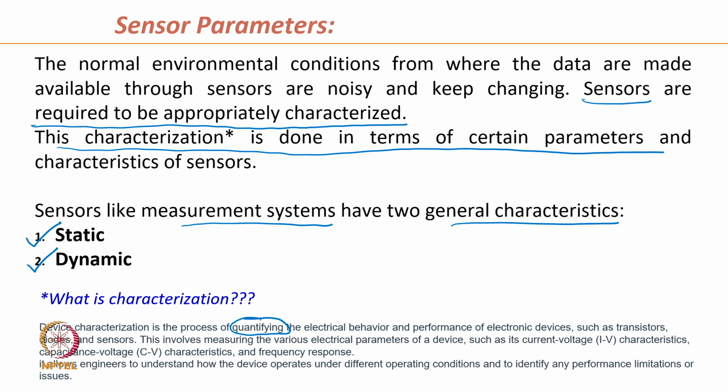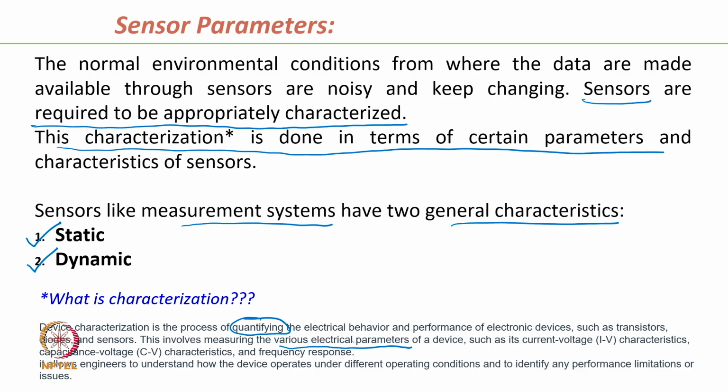So, this characterization is the process of quantifying the behavior of a device such as transistors, diodes, sensors, etc. This involves measuring the various electrical parameters such as gain of an amplifier, stability and various other terms, and the frequency response.